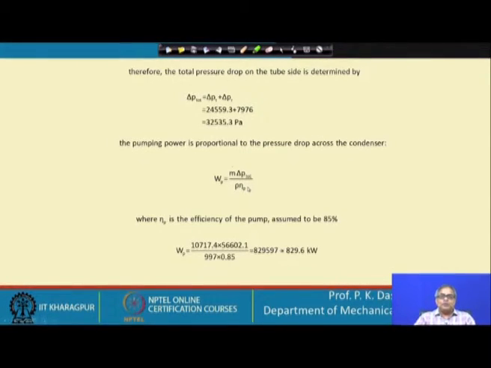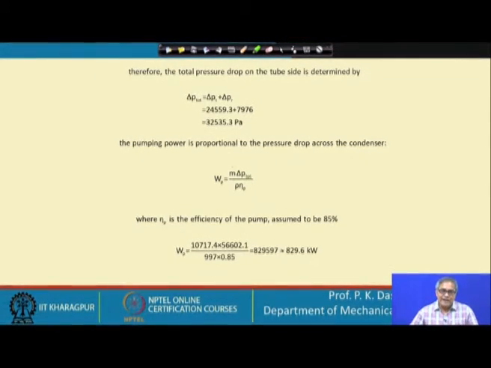These pumps are big pumps, so one can take the efficiency to be high, like 85% or so, and with that we find that the pump power will be almost 830 kilowatt. So, you can understand this is a big pump, basically the feed water pump of the power plant, and it should be quite large for such a capacity of the power plant. We are getting around 830 kilowatt of pumping power.